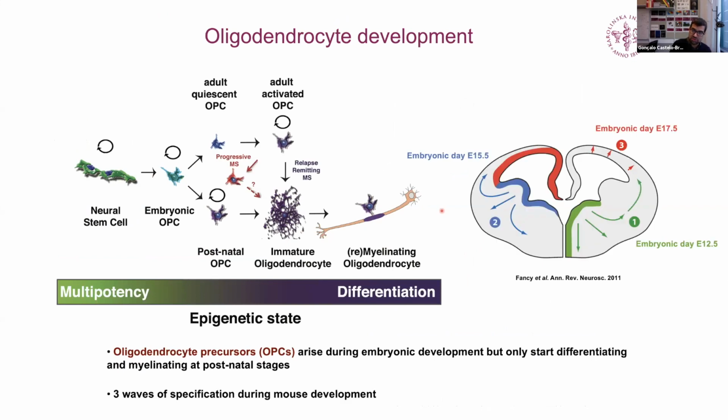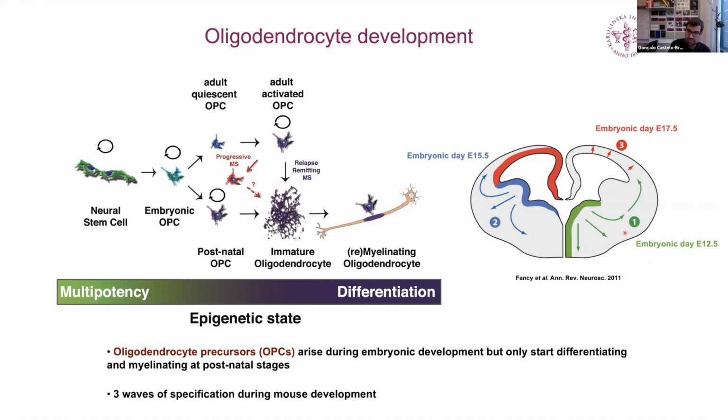During mouse development, the transition between neural stem cells and embryonic OPCs has been shown to start very early, at embryonic day 12.5 in ventral regions of the brain. Then there are waves of specification from ventral to dorsal, finishing at embryonic day 17.5.